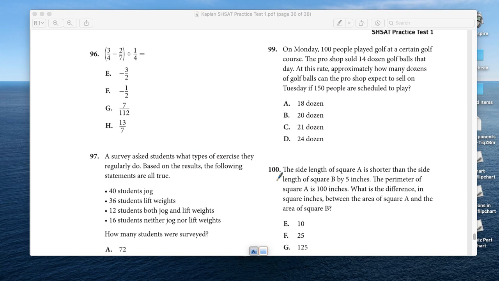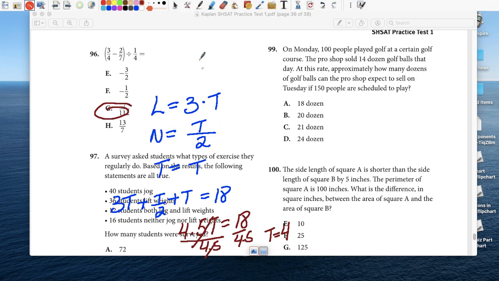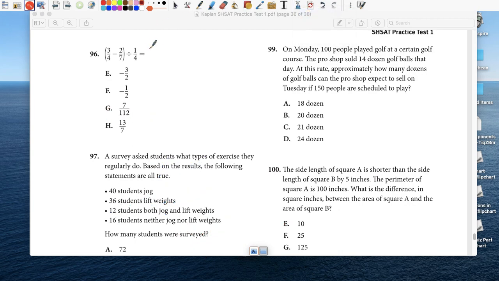On Monday, 100 push-ups of 4 Tuesday. On Monday, erase that. 14 dozen golf balls.